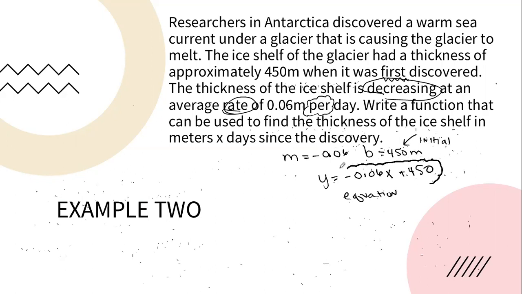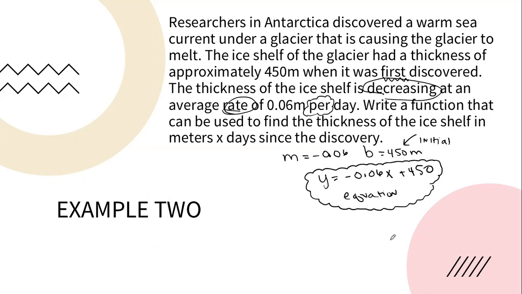Questions about that one? Huh? Wouldn't it be subtracting from 450 because it's taking away? So if it said minus, so are you saying that you think there should be a minus sign here? Yeah. So if there was a minus sign right here, that would mean that it started off as a negative 450 meters. And that would be impossible, right? You have a negative thickness.